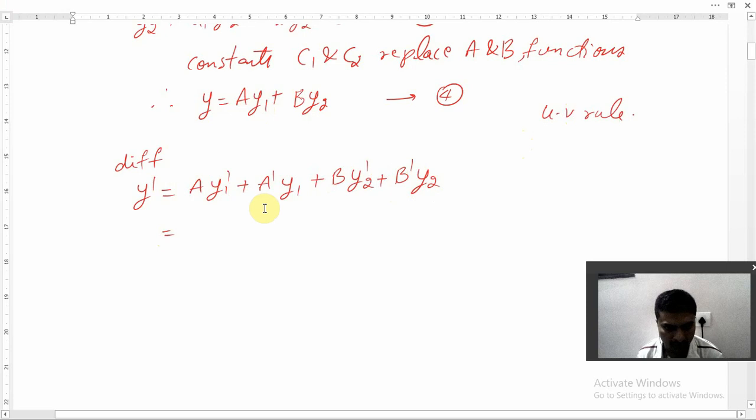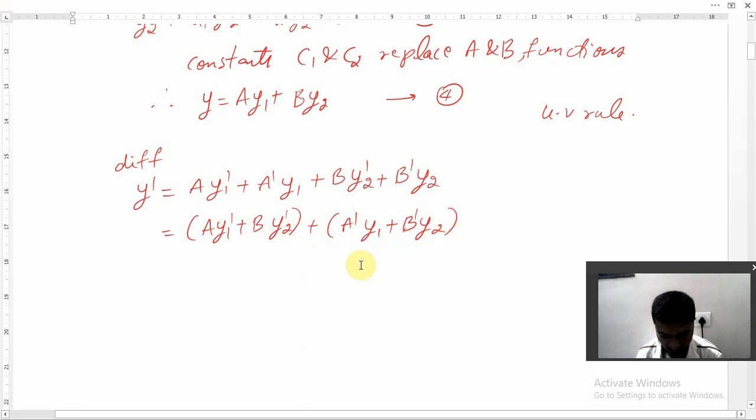I'll just simplify this, arranging it in a proper way, keeping a y1 dash plus b y2 dash plus a dash y1 plus b dash y2.